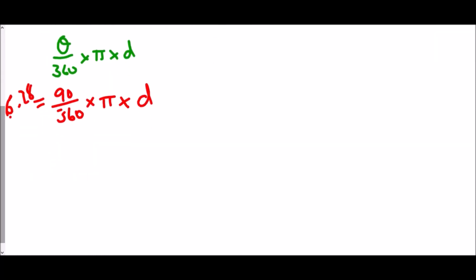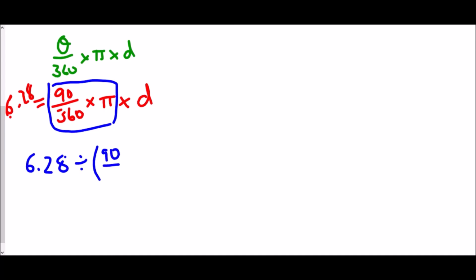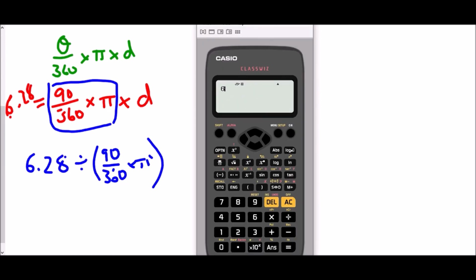And so how am I going to work out the value of the radius? Well, all I need to do is leave d all on its own, and in order to do that I'm going to have to divide by everything here. So it's going to be 6.28 divided by 90 over 360 times pi. And so I'll type that into my calculator: 6.28 divided by, and then in a bracket, 90 over 360 times pi.